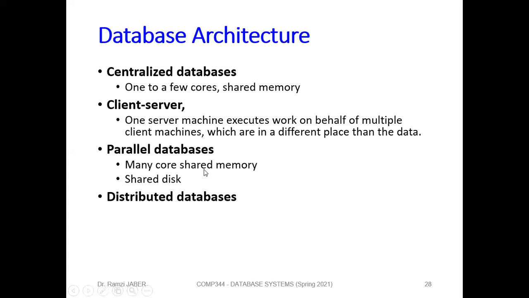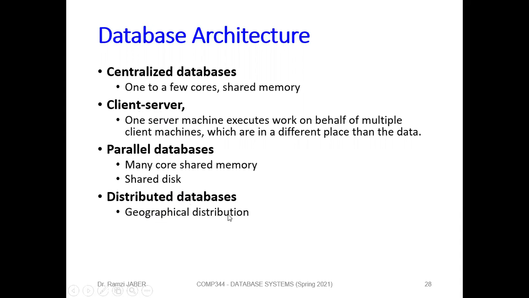And we have the distributed database. This is similar to client-server, but geographically distributed in another country or another city. We have different clients. Here we have a LAN, a local area network, inside one room or two rooms or the same building.